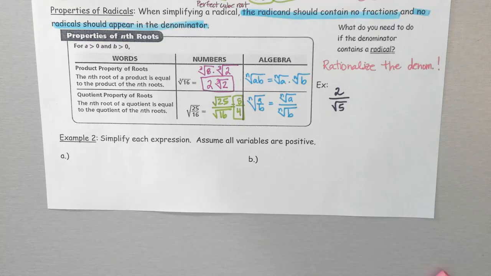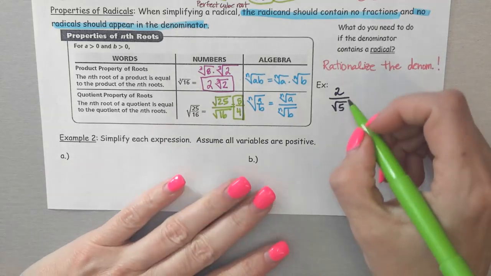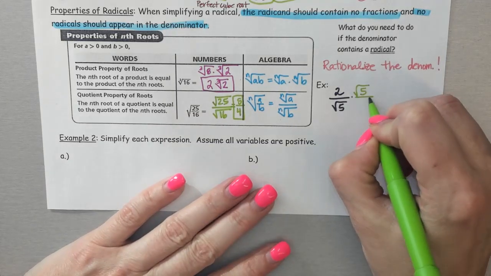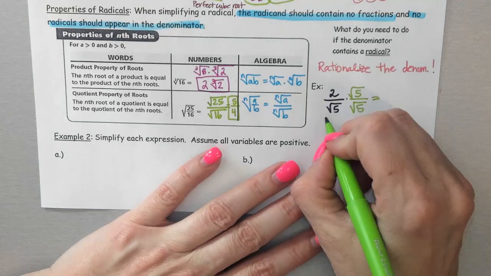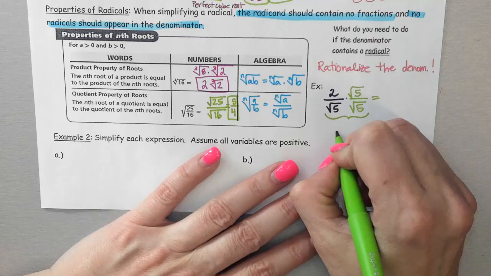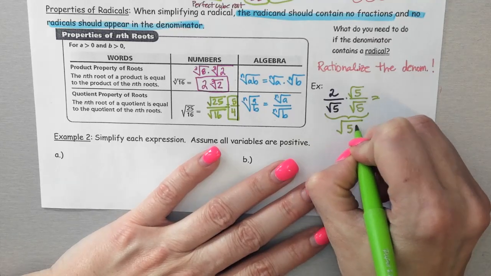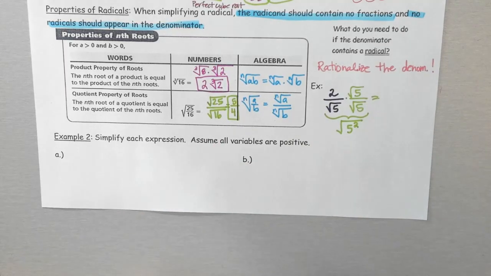All right, so yep, we're going to multiply by, what are we going to multiply by? Root 5 over root 5, yep. Okay, and the reason why is because when you multiply these together, guys, people are trying to concentrate, so I need you to stay quiet. We're going to be doing a lot today.